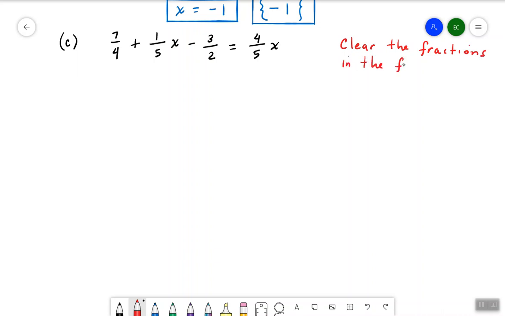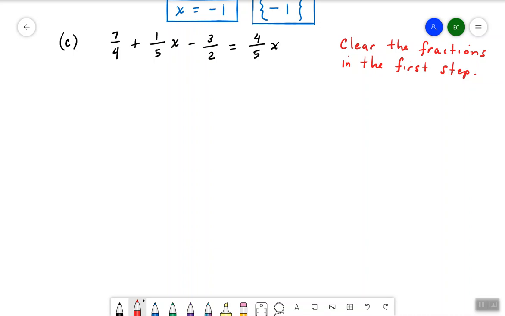You could skip this, and you could just combine the x terms on one side and the constants on the other, and treat the fractions like we treated the numbers in the previous examples. But this method here, clearing the fractions in the first step, is really nice because it's going to reinforce some ideas that will be necessary later in the course.